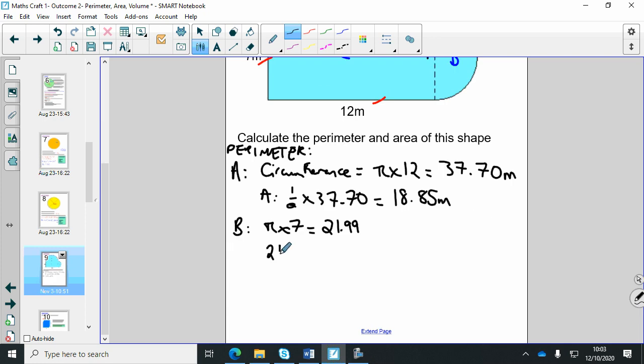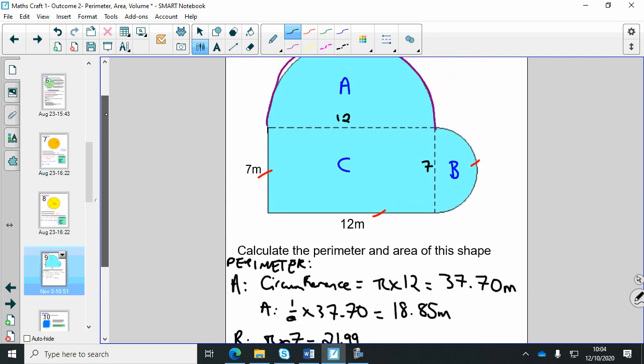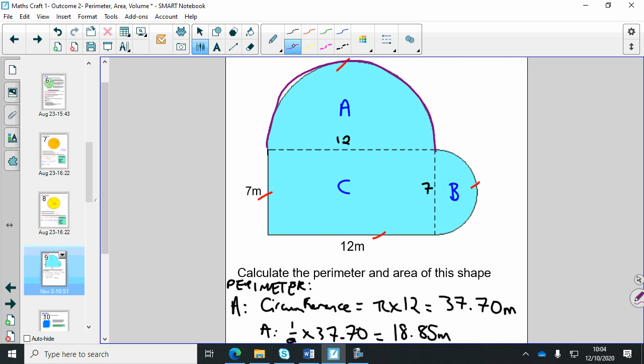So we're going to do 21.99 divided by 2. Keeping this to 2 decimal places, I get 11.00 centimeters. So that is now this length here, around the edge of that B.